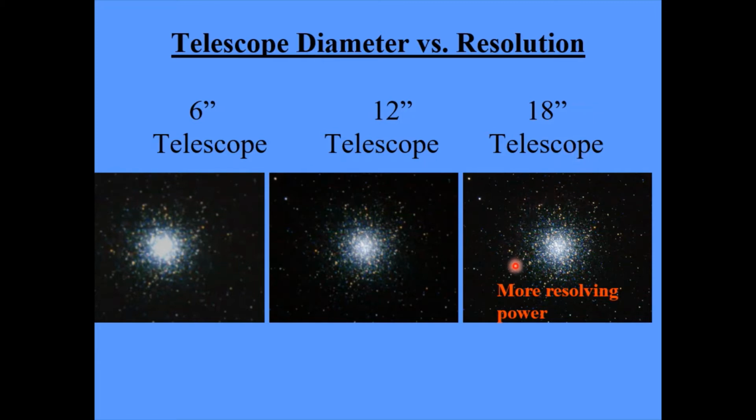Now we have the full benefit of the resolving power, and you can notice that the stars are small pinpoints of light, and if we look towards the center of the cluster, you can see individual stars now. They are resolved. So once again, we see that bigger is better when it comes to telescopes, not only for light gathering power, but also for resolving power.